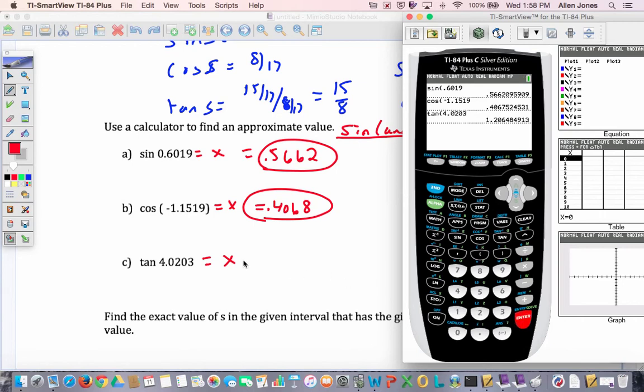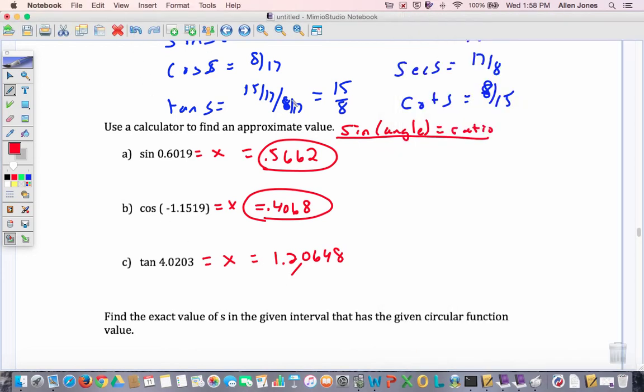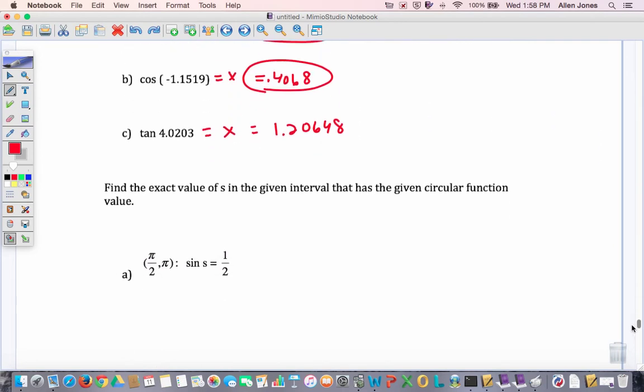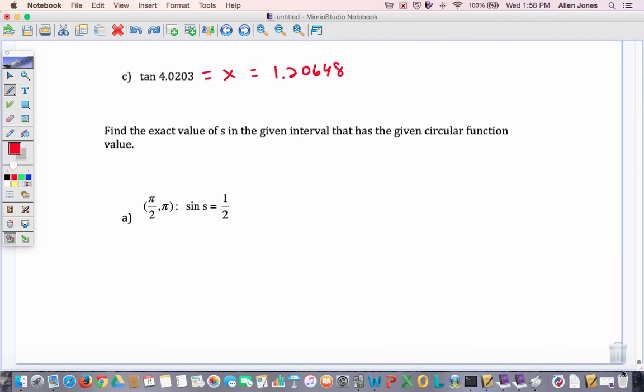And one more time, tangent equals x. Again, 4.0203 is a radian measure. So the tangent of 4.0203 gives us a value of 1.20648. Okay, so there's our work with the calculator and finding those values from radian mode.